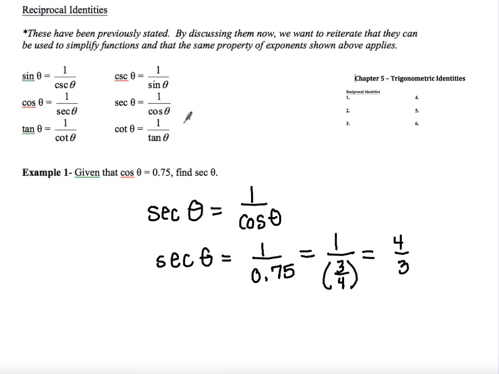Okay. Now, one other thing that I want you to write about the reciprocal identities, and I'm just going to write it right up here. You can write it on that trig identity sheet, except I'm not going to have enough space there. The reciprocal identities work with any exponent. Because they work with any exponent, let's just use the cosecant that I have here.